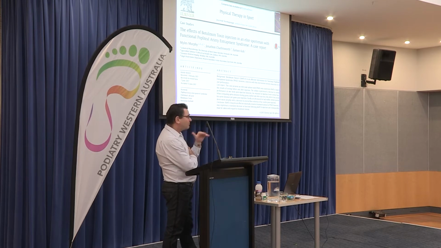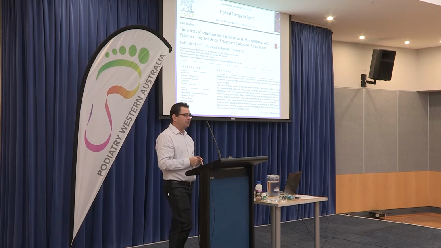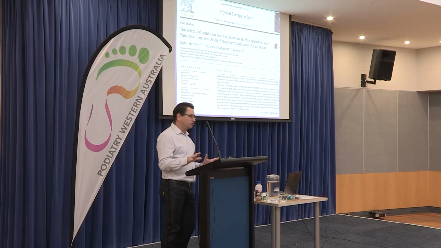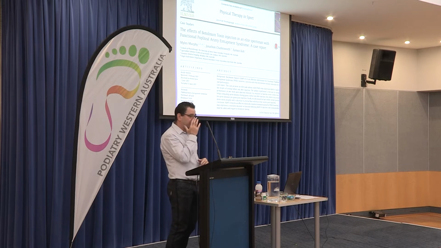One other thing he's done is in popliteal artery entrapment: if you actually poison the muscles with Botox, you can treat the condition without the more traditional surgical options that there have been before.